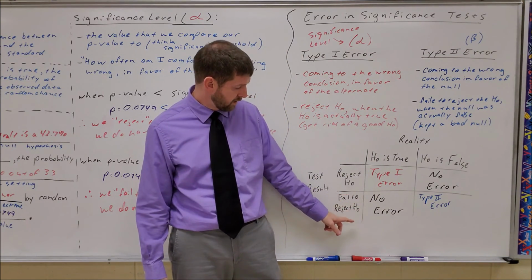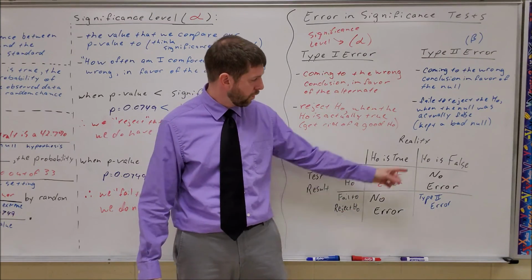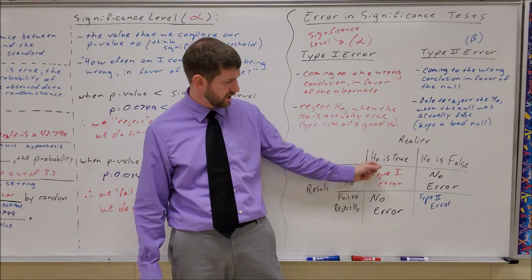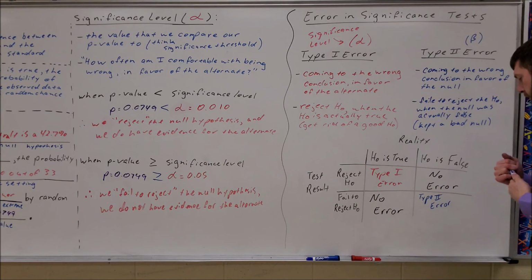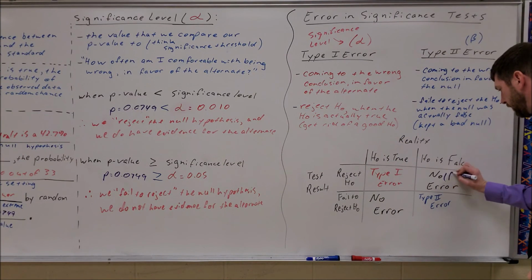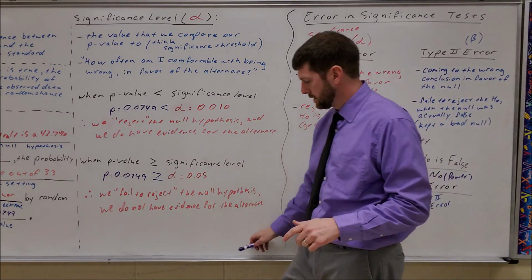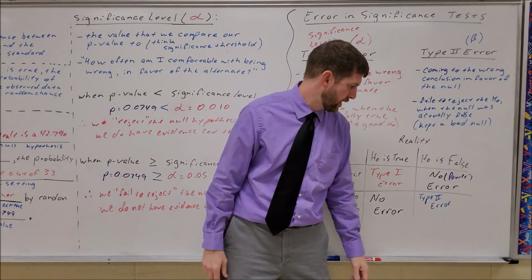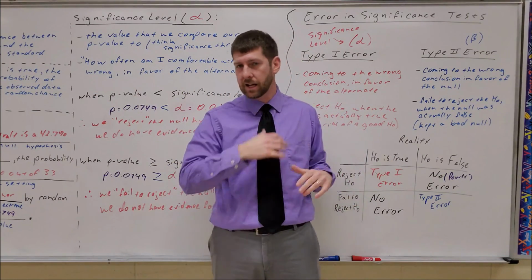Sometimes we do get it right. We keep the null and the null is true, or we reject the null when the null is false. This right here actually has a name also. This is known as the power of the test. And we're going to talk about that in our next lesson. But that's it for significance tests and error in general.